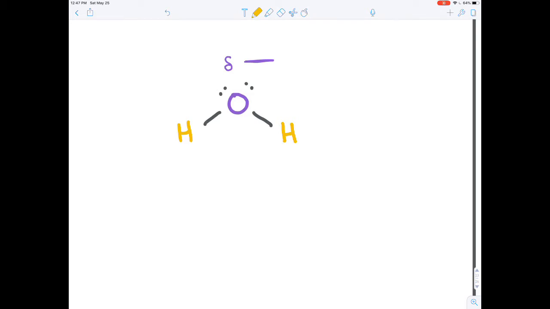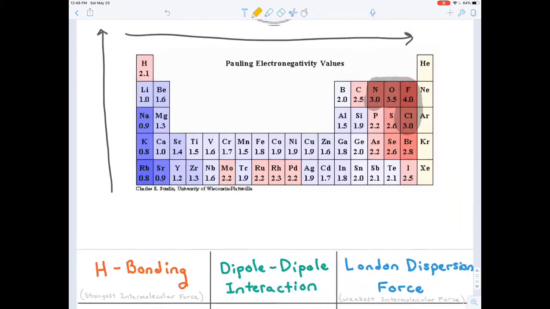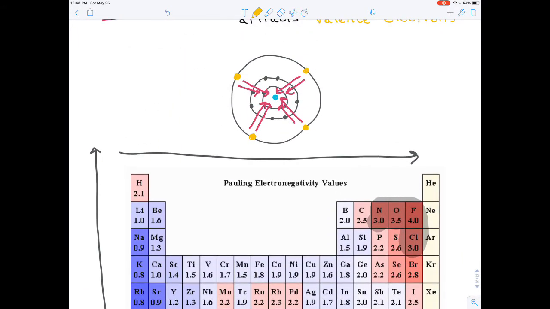Losing negative charge will give the hydrogen a slightly positive charge. So each of these hydrogens would be slightly positive. And these slight charges, the slight negative charge on oxygen and the slight positive charges on hydrogen, are coming from differences in electronegativity. Electronegativity is how much an atom attracts valence electrons.